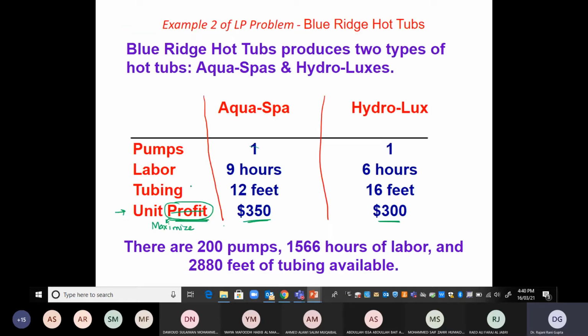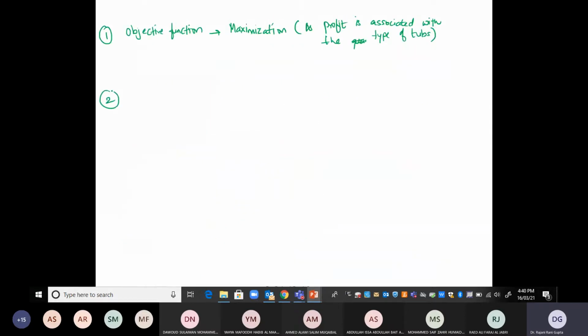Now I am asking about the second thing. This is the first thing that you have got. Decision variable: what you have to decide. What are the parameters? And what are the constraints?